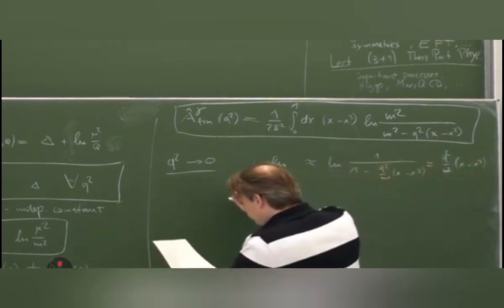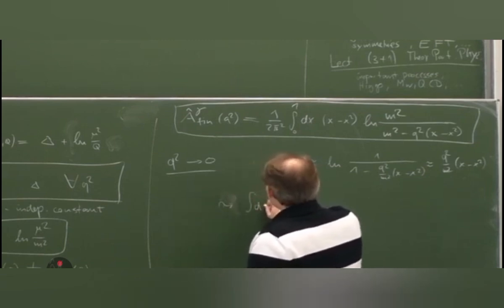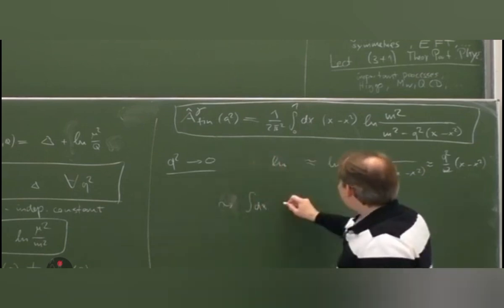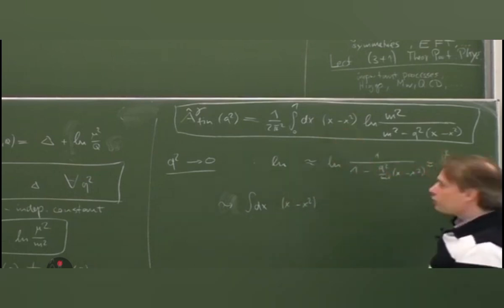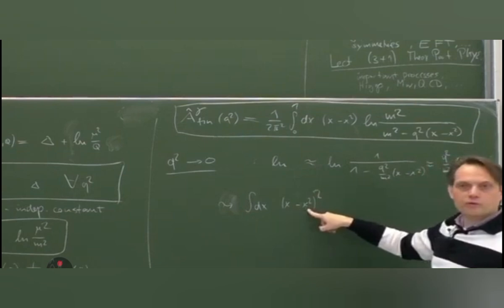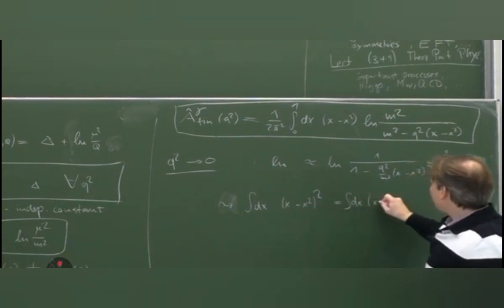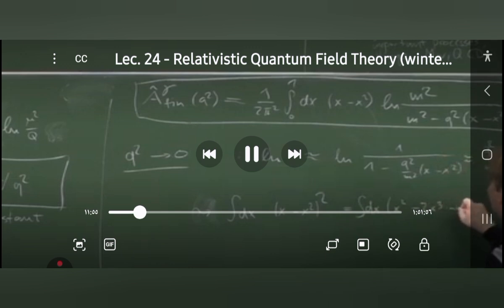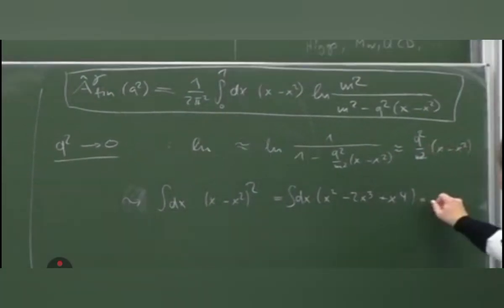So then we get the following integral. Just looking at the integral only, we get x minus x square from here and another x minus x square from there, so we get x minus x square squared, which is the integral of x square minus 2x cubed plus x to the fourth. Okay. So this integral can of course be evaluated.